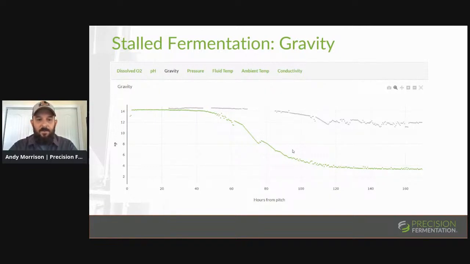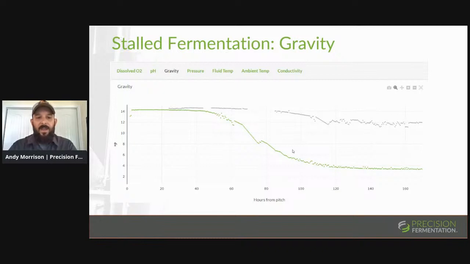And it drops down to about 3.5 degrees Plato at the bottom end. So this is a healthy fermentation. It lasted right around a week, right? At about 140 hours is when you're really hitting that terminal point, but truly made it there by this 168 hours. That's a full 7 days, right?